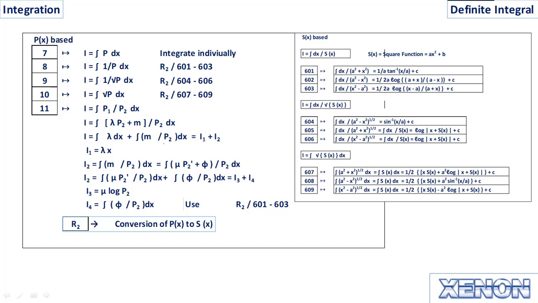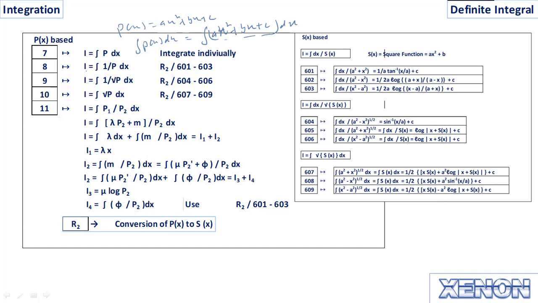Actually, suppose px equals to ax square plus bx plus c. When we have to integrate this px dx, we will be integrating ax square plus bx plus c dx. Here we will integrate each of these terms individually, right?